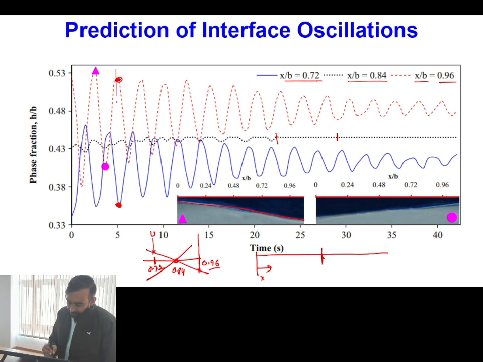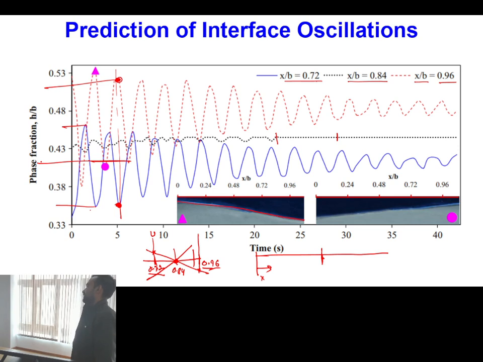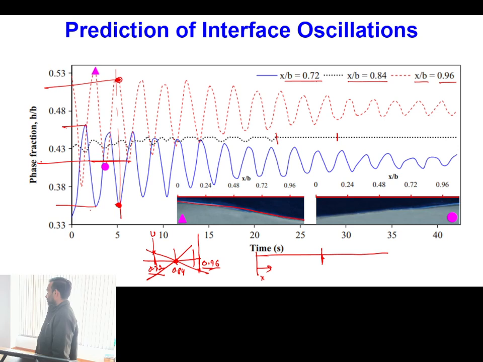We have a phase difference of 180 degrees between the two heights. Other than that, an interesting point is that 0.72 and 0.96 are both at equal distance from the pivot, so their amplitudes should have almost the same magnitude. Here this difference and this difference are almost the same. Is this one clear?